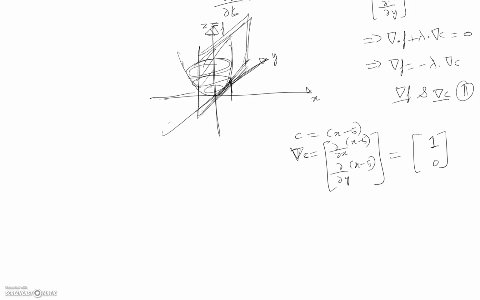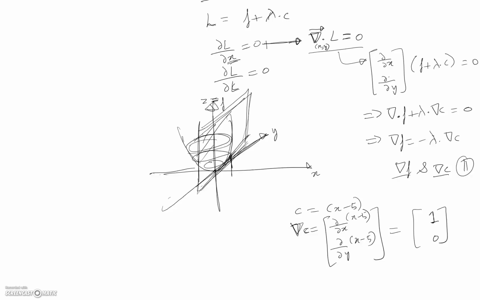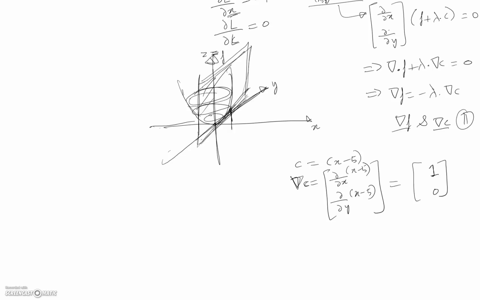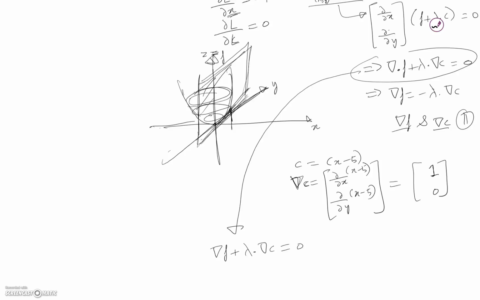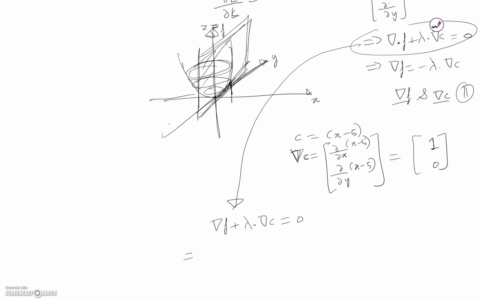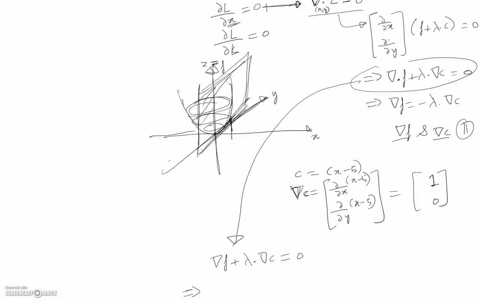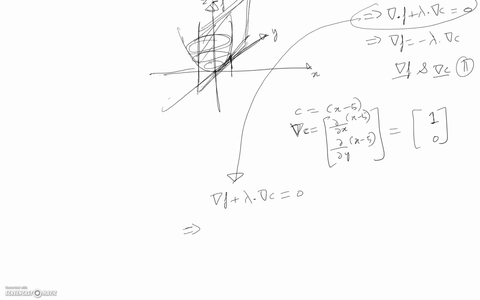So now let's look at what the Lagrangian condition tells us. It tells us that del f plus lambda times del c equals 0. I got that from here, and this implies, del f was 2x and 2y, so 2x and 2y plus lambda times 1 comma 0 equal to 0.